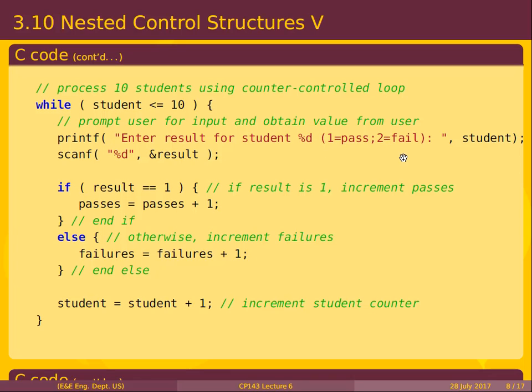Is it pass or a fail? We read that result. If the result is 1, then we say we take it as a pass. If it's anything else, then we say it's a failure. So we don't explicitly test for 2, we just catch any other case using this else statement. And then finally we increment the number of students plus 1.